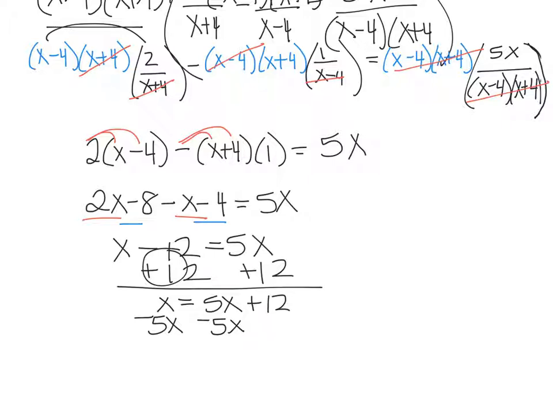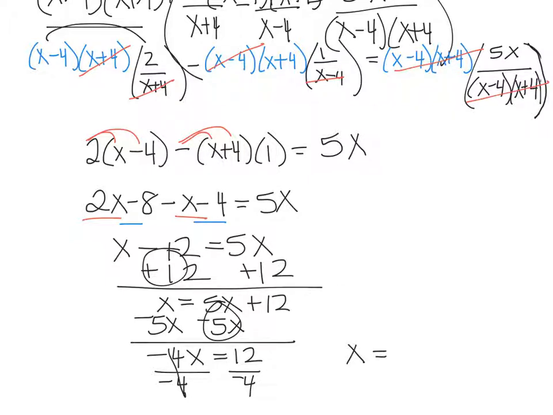And we get x minus 5x is a negative 4x equals a positive 12. Divide by negative 4 on both sides. And you're left with x equals 12 divided by negative 4, which is negative 3. So my solution set is x equals negative 3.